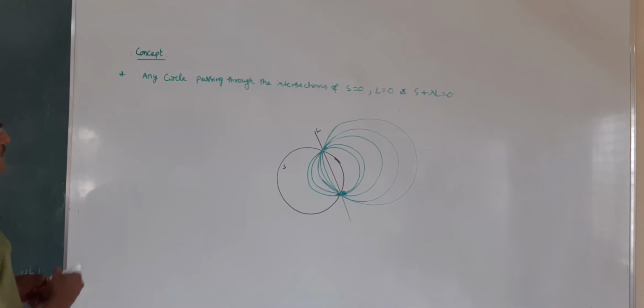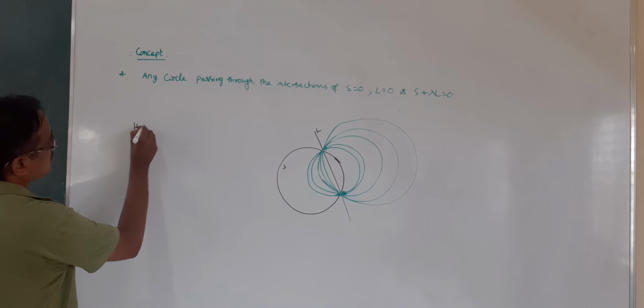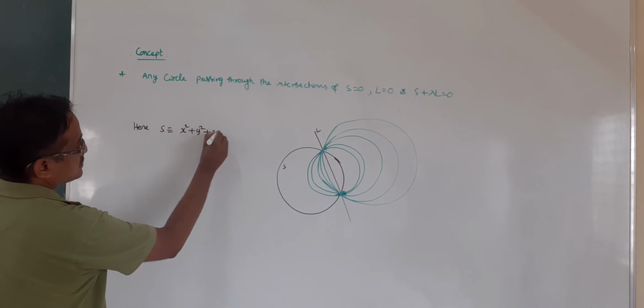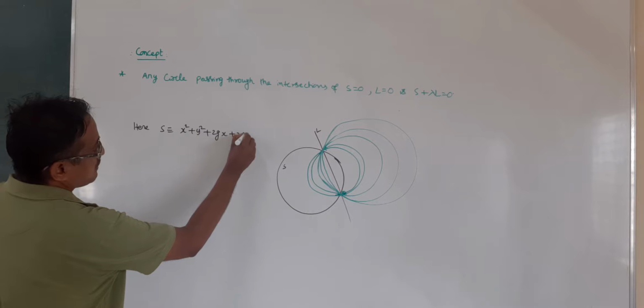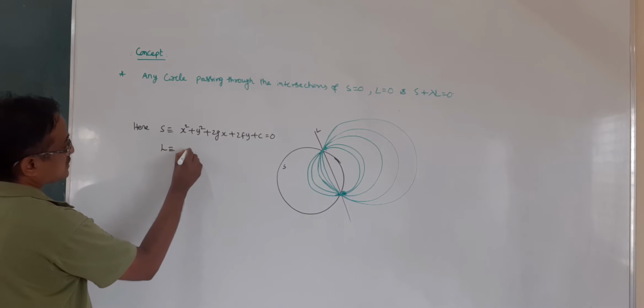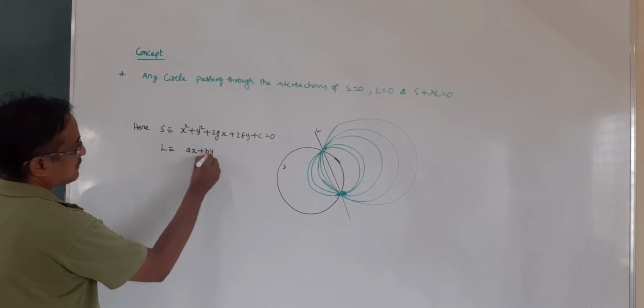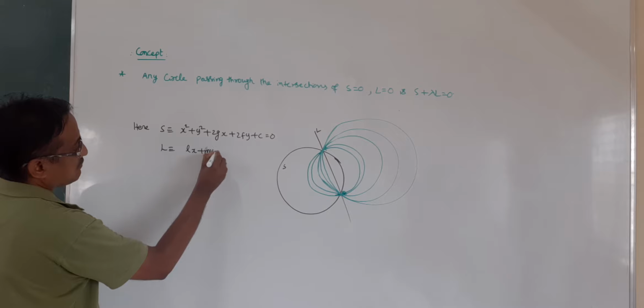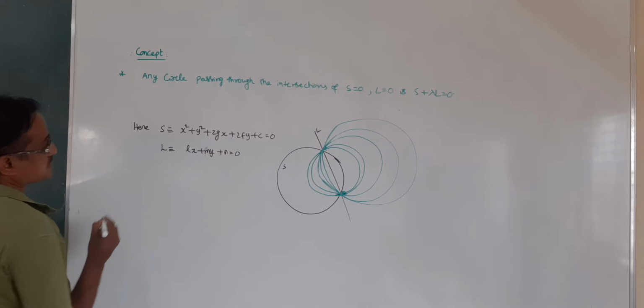Now see this. Here S: x square plus y square plus 2gx plus 2fy plus c equal to 0. L: lx plus my plus n equal to 0.